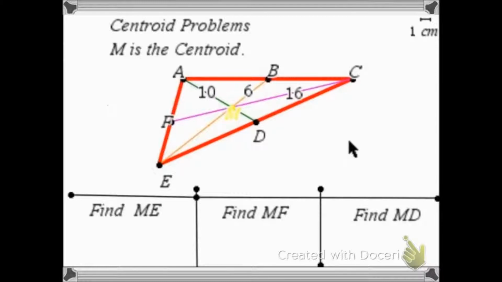If we look at this first problem here, it's going to ask us to find ME. Let's look and see where ME is. ME is this part right here. What you need to ask yourself is, did they give me the big part of the median or the small part? Remember what I just said.